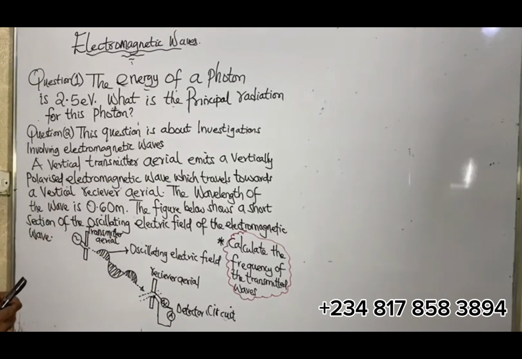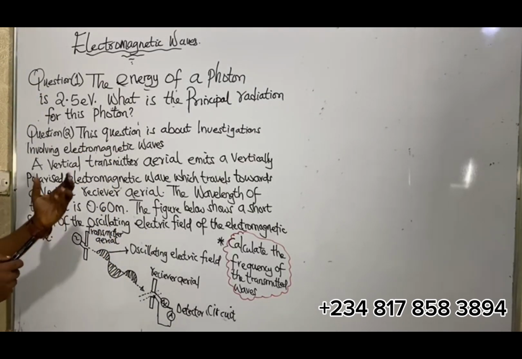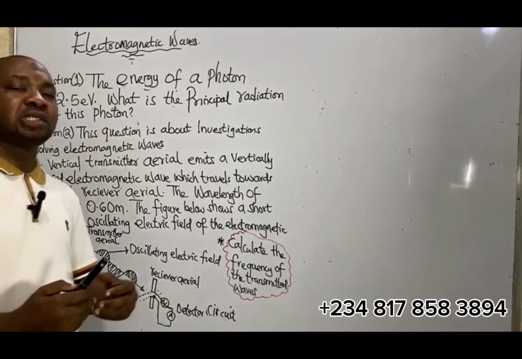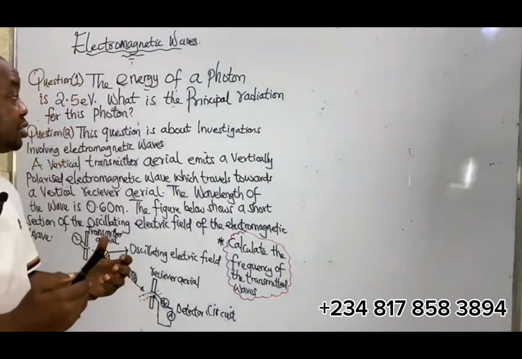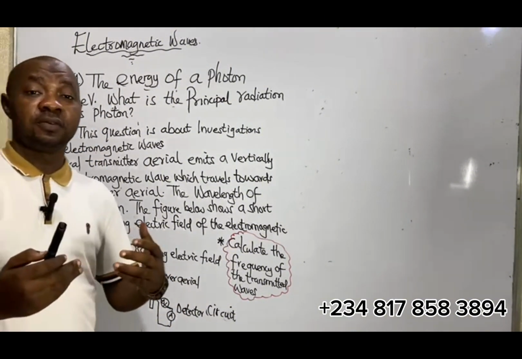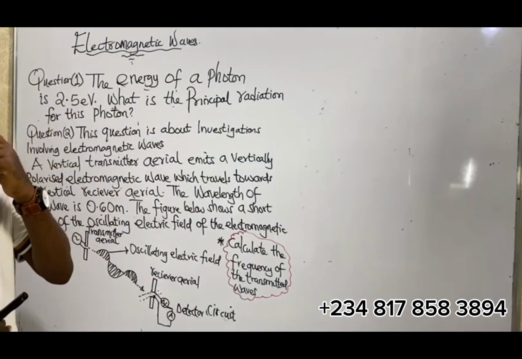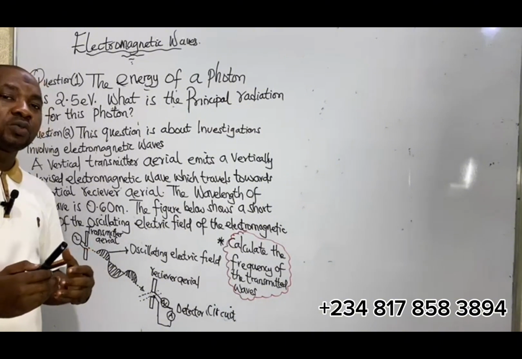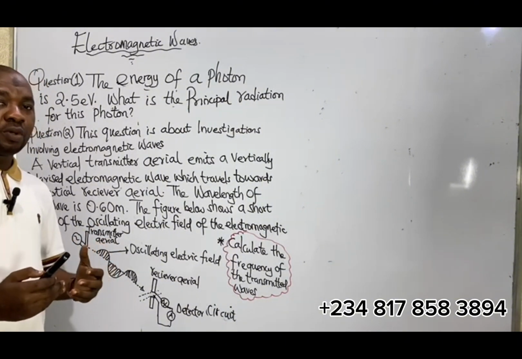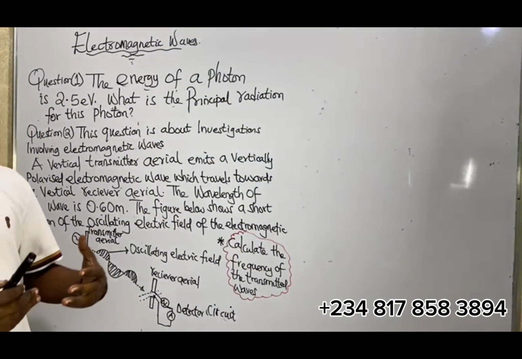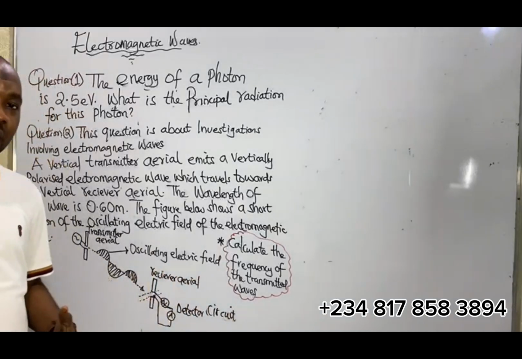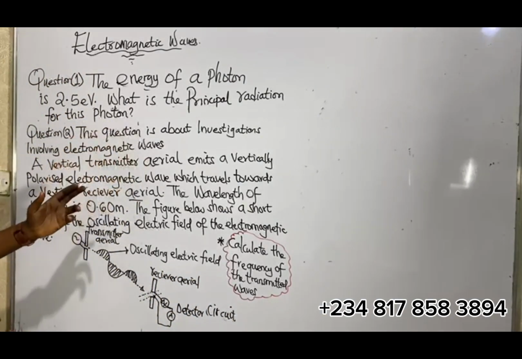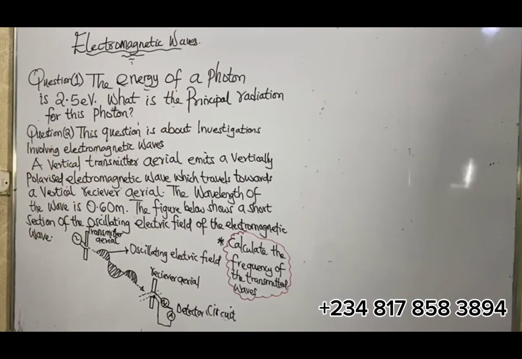Now, what is the principal radiation for this photon? When a question like this is asked, it means we need to find out in what region of the electromagnetic spectrum the wavelength lies, given the photon energy.